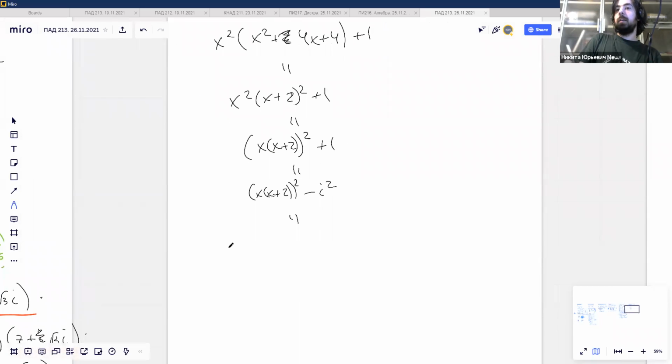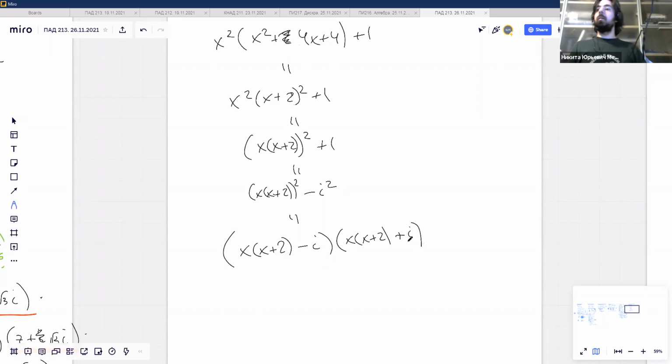So let me split everything into two factors. Okay. Now I have two quadratic equations. Let's solve them. Let me now separate the problem into two problems.